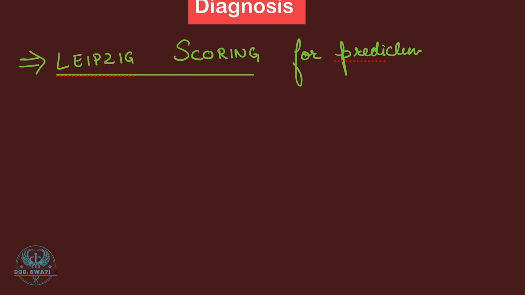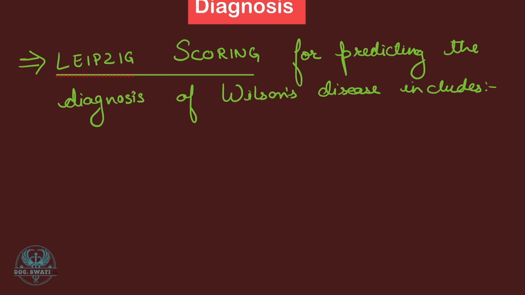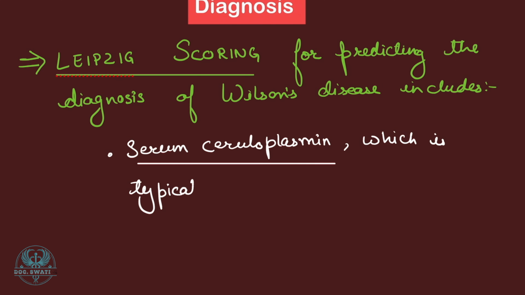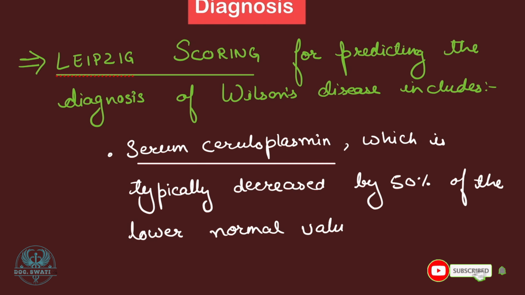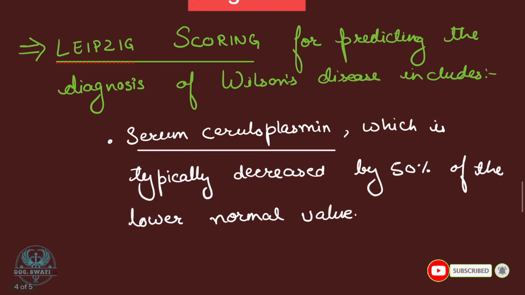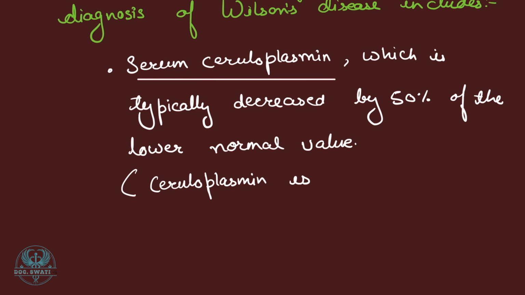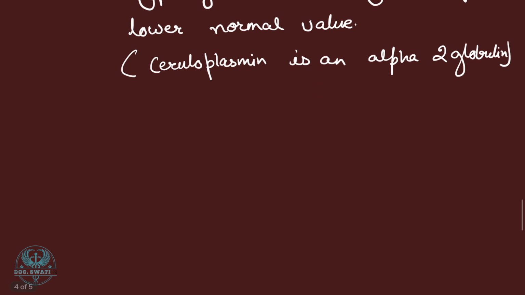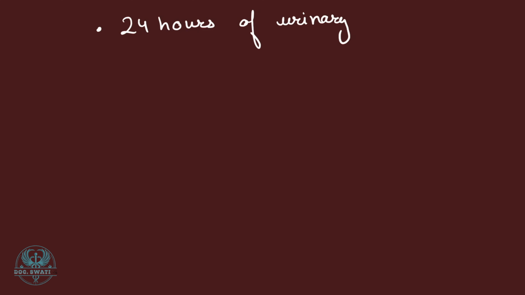The Leipzig scoring for predicting the diagnosis of Wilson's disease includes first, serum ceruloplasmin, which is typically decreased by 50% of a lower normal value. Ceruloplasmin is an alpha 2 globulin. Second, 24 hours of urinary copper excretion, which is typically more than 100 mcg per 24 hours in adults.